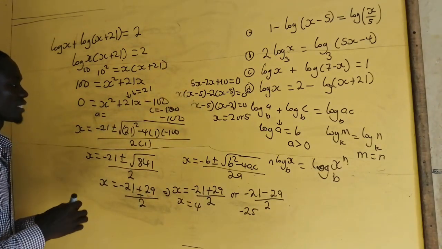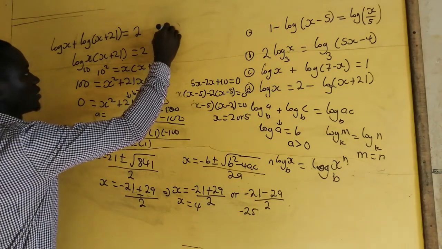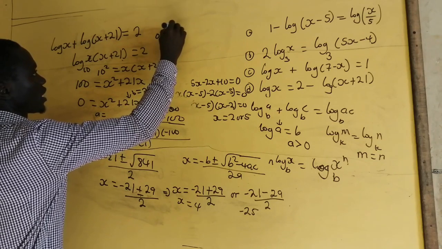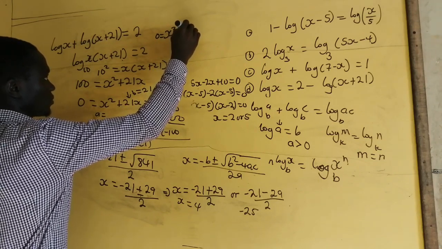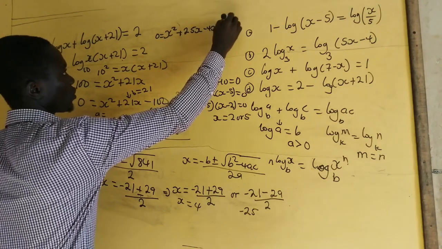If you had used the factorization like I was doing, you would have had 0 equal to x squared plus 25x minus 4x minus 100.